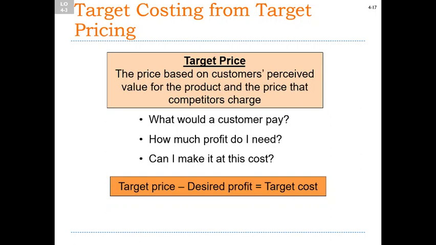Let's say in the book, for example, this company wants to charge $200 for this product, and they want a 10% markup. Okay, so 10% markup is $20, so you've got a profit margin of $20 on a product that you're going to charge $200 on.